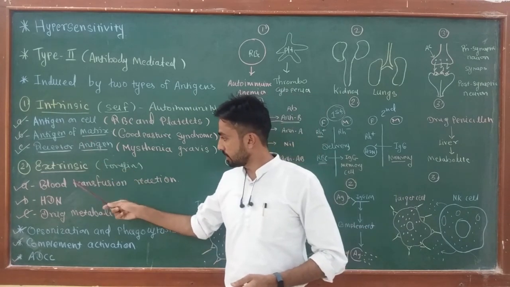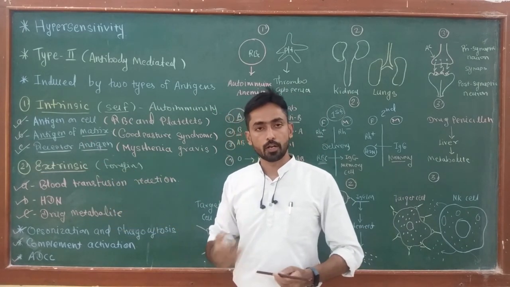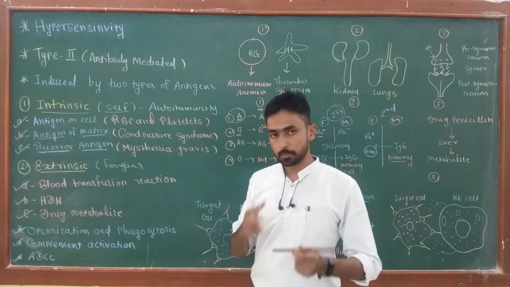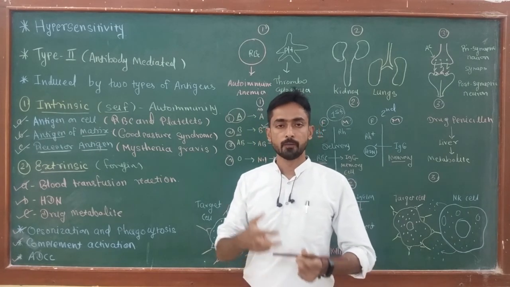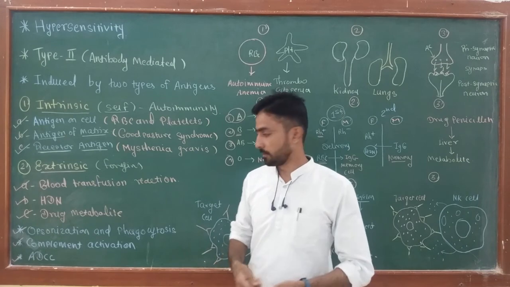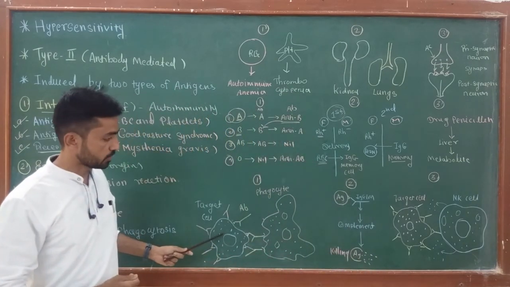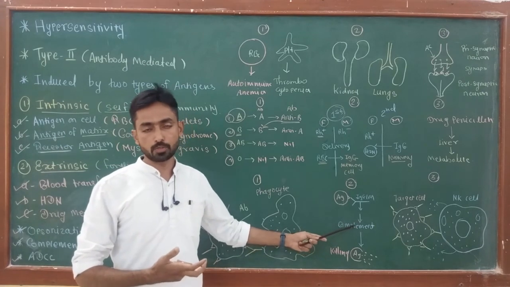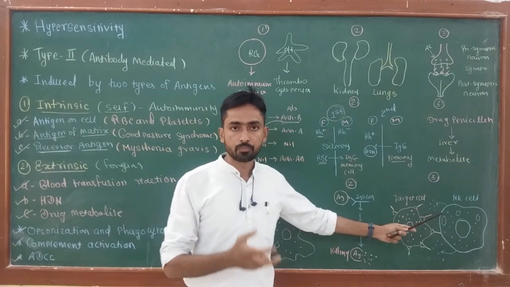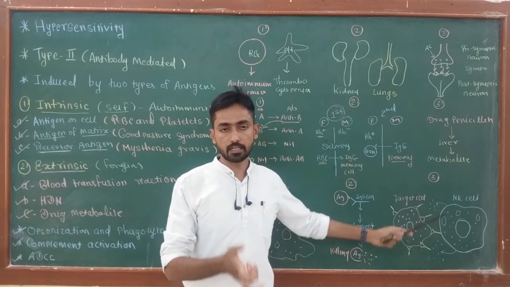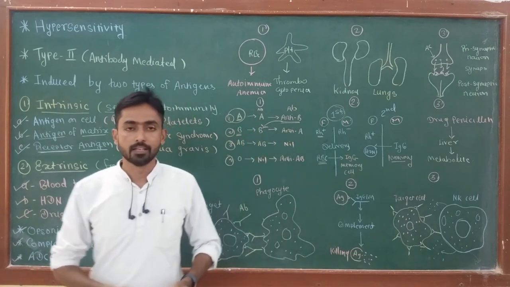These three are the examples of foreign or non-self antigen. Finally, we discussed different mechanisms by which antigen is killed by antibody: opsonization and phagocytosis, killing by activation of the complement pathway, and lastly ADCC, that is antibody dependent cell mediated cytotoxicity.